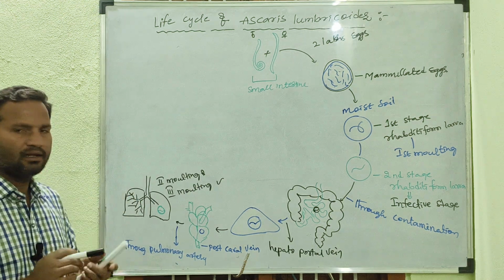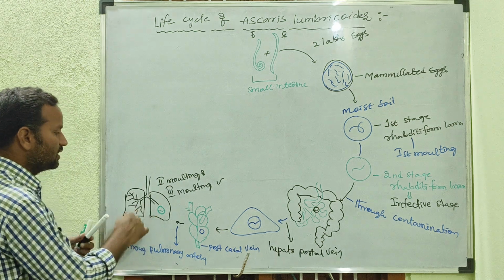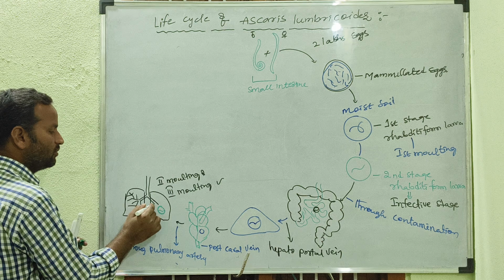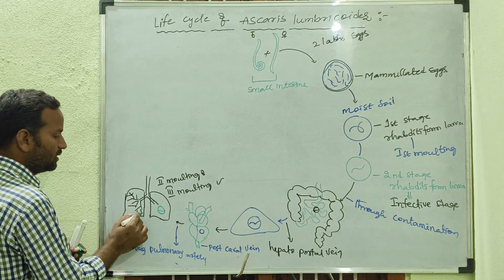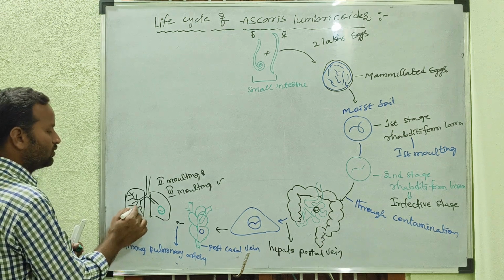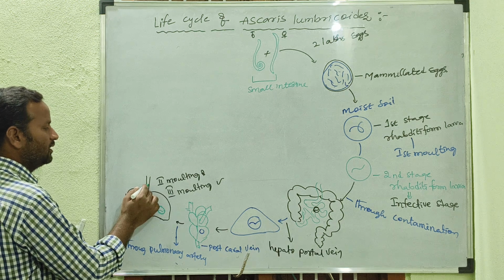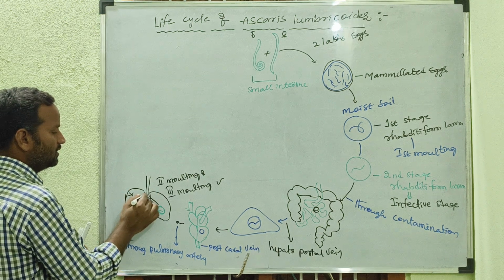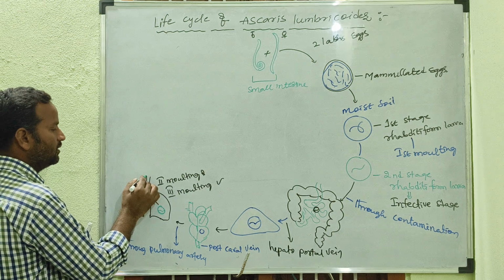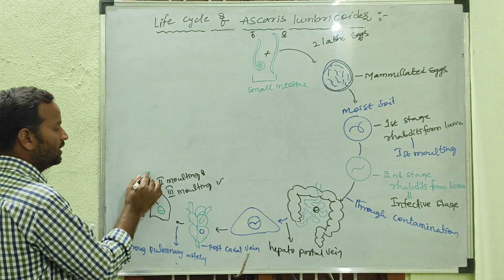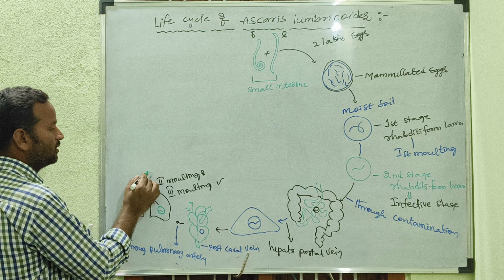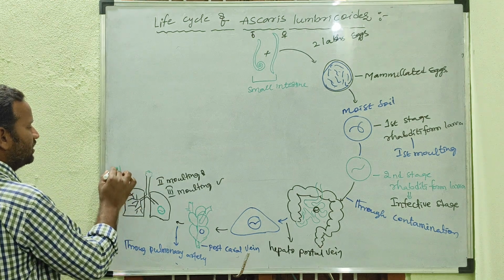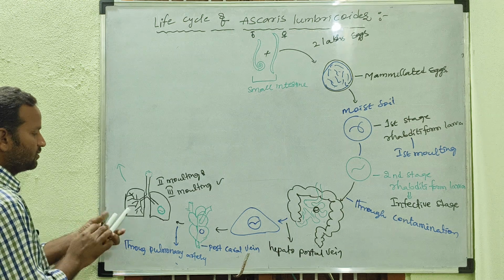The fourth stage larva comes out from the lungs through bronchioles, bronchi, and trachea, then the larynx, glottis, and so on. Now come to the point: which stage comes out?